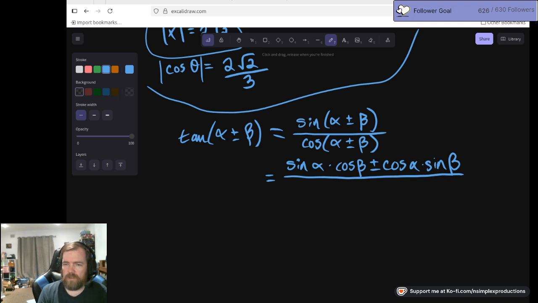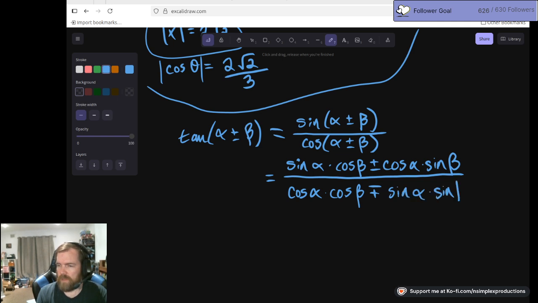For the cosine, the like functions are stuck together. So cosine alpha, cosine beta. But we have unlike signs. So minus plus instead of plus minus. Sine alpha, sine beta.